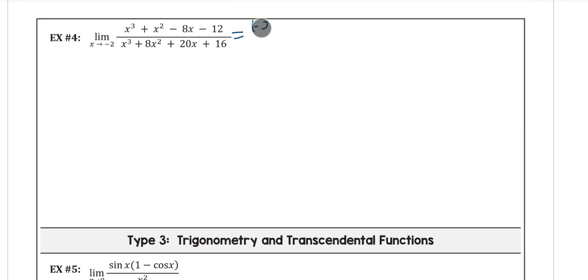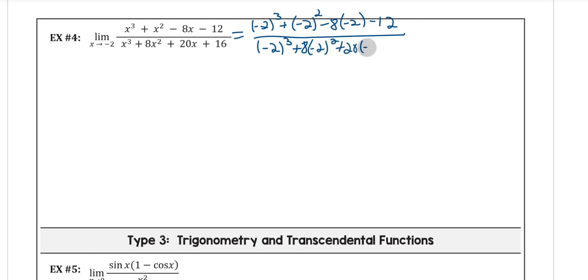So we're going to have negative 2 to the third plus negative 2 squared minus 8 times negative 2 minus 12 over negative 2 cubed plus 8 times negative 2 squared plus 20 times negative 2 plus 16. So the top becomes negative 8 plus 4, so that's negative 4, plus 16, which is 12. 12 minus 12 is 0.